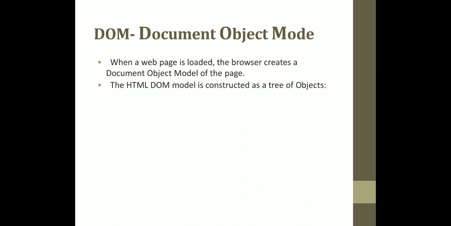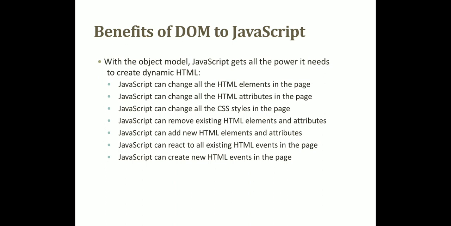Okay, the benefit of the document object model is that with this model we get all the powers needed to create dynamic HTML, and JavaScript can change all the HTML elements required in that page as well.